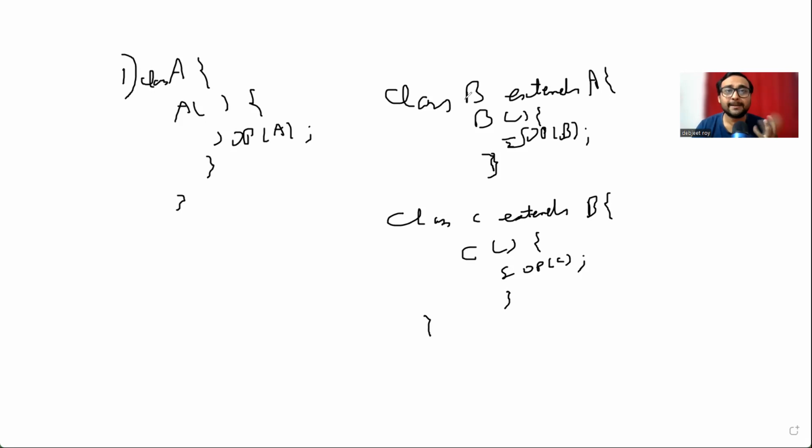Class B is the subclass for class A, and class C is a subclass for class B. So there is a link between all these three classes.